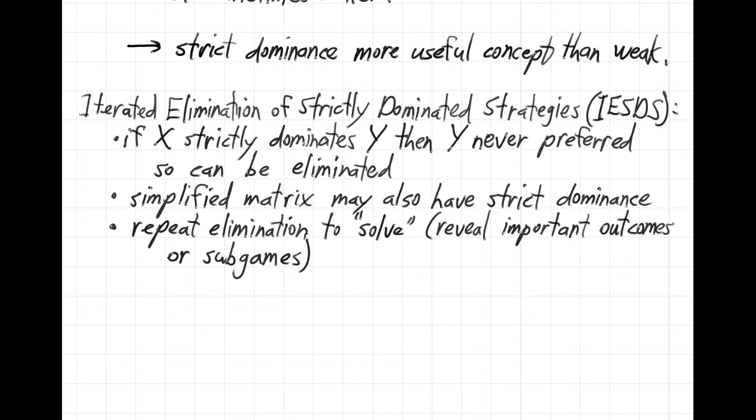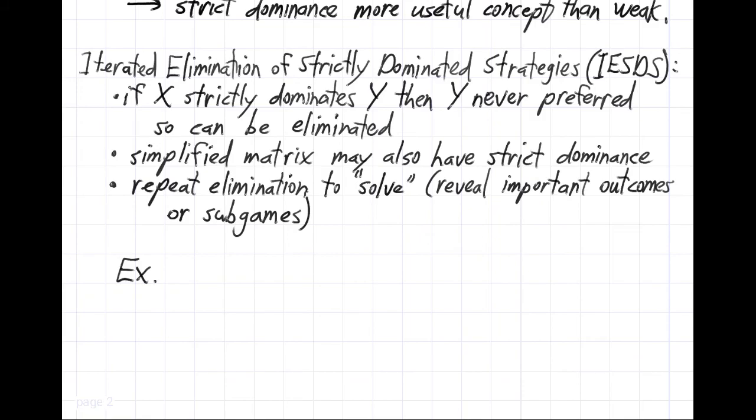Let's look at our simple game matrix that we had before. If the row player has payoffs 5, 3, 7, and 6, and the column player with strategies alpha and beta has payoffs 3, 5, 1, and 0, then we can apply this iterated elimination of strictly dominated strategies in two ways.